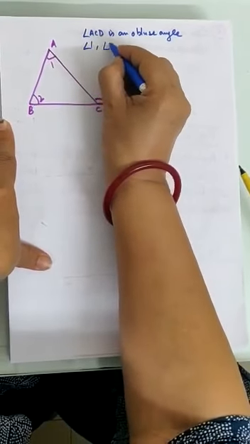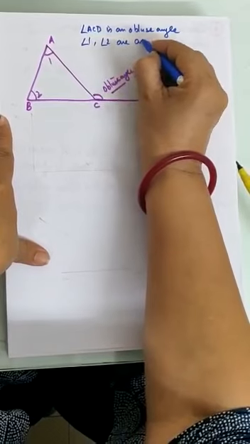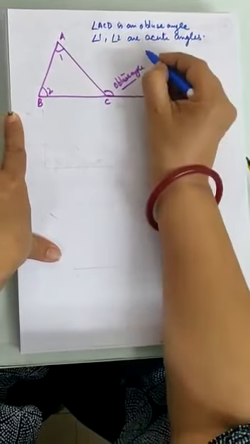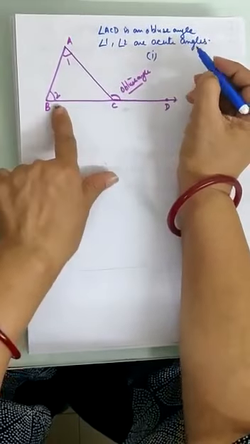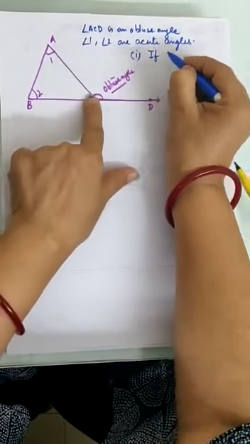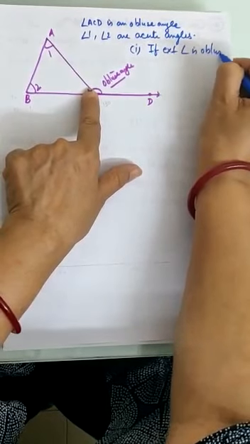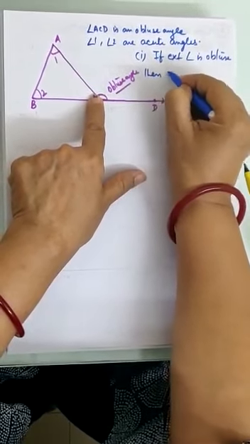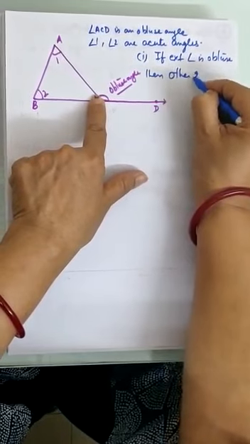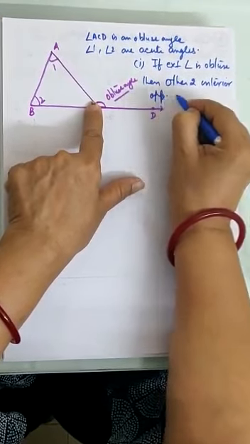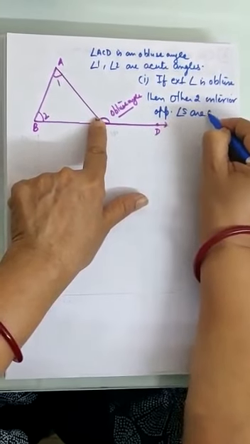So, in the first case we arrive at the conclusion: if the exterior angle is obtuse, then the other two interior opposite angles are acute.